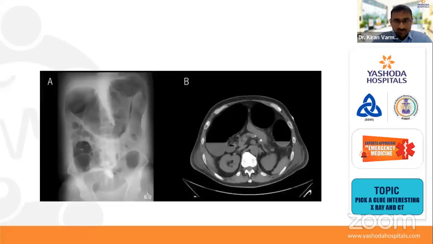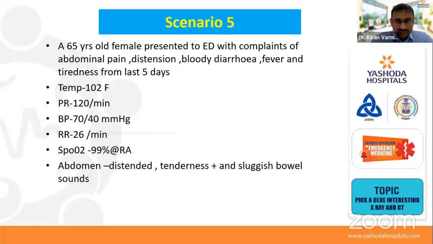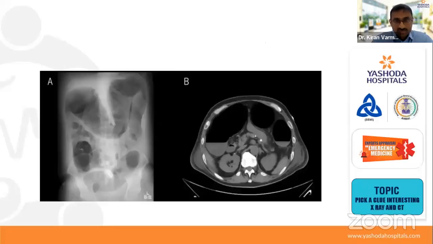This is the X-ray. So this history: abdominal distension, bloody diarrhea, fever, tiredness, tachycardia, tachypnea, hypotension, then abdominal findings. This is the X-ray, followed by CT.